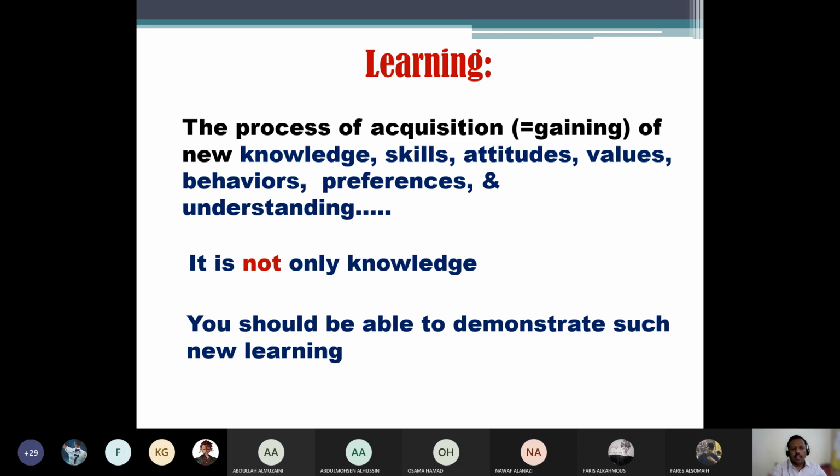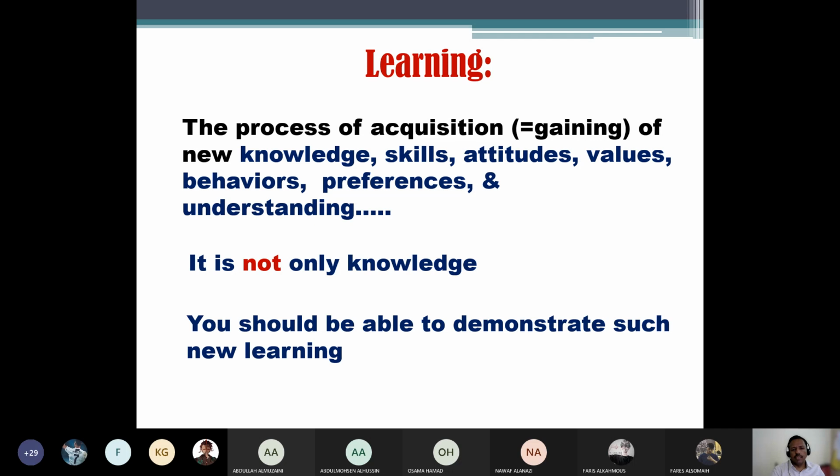Acquisition means gaining. You acquire, or you take, from someone else new knowledge, skills, attitudes, how you behave, values, behaviors.